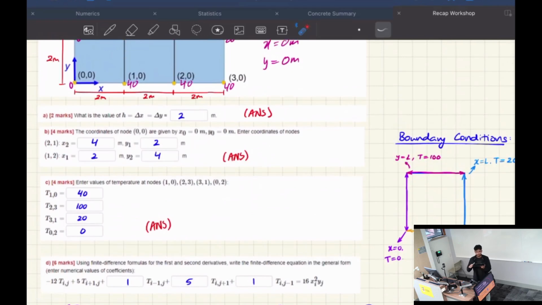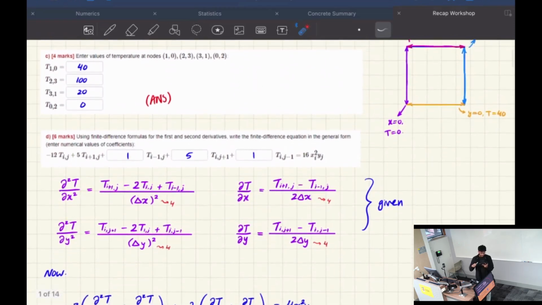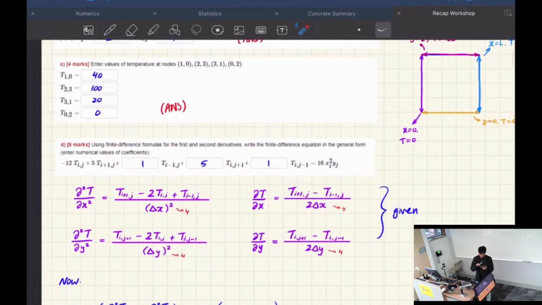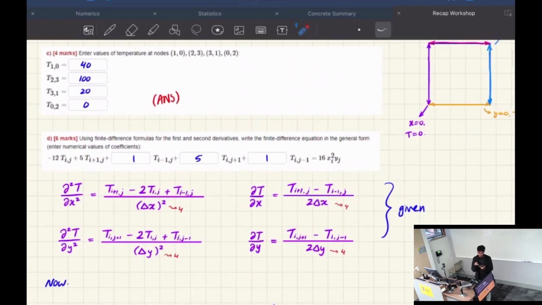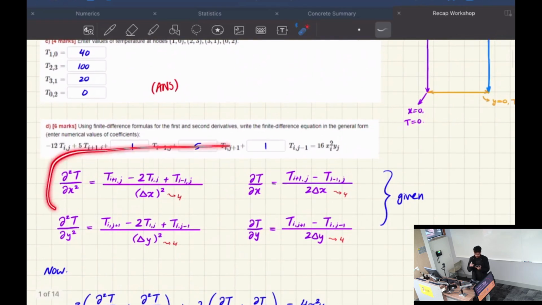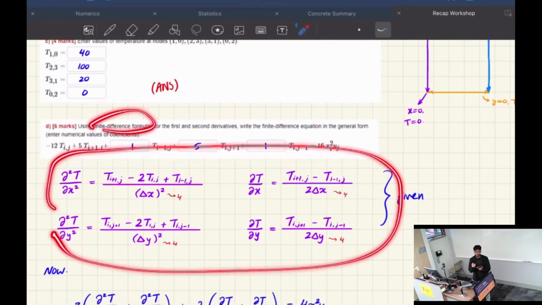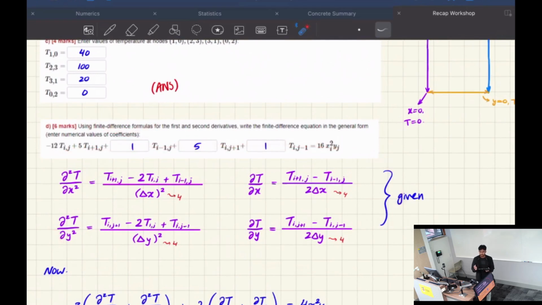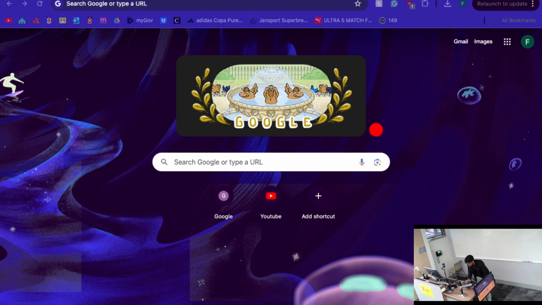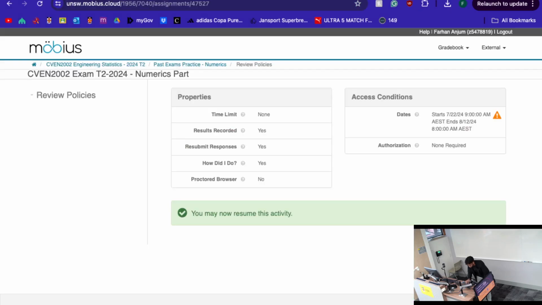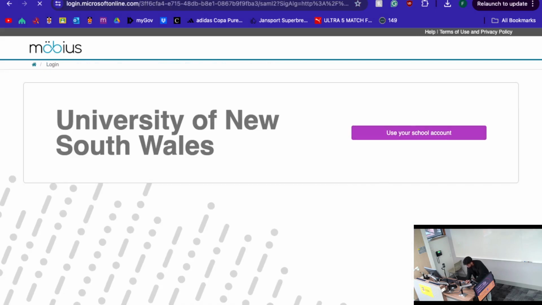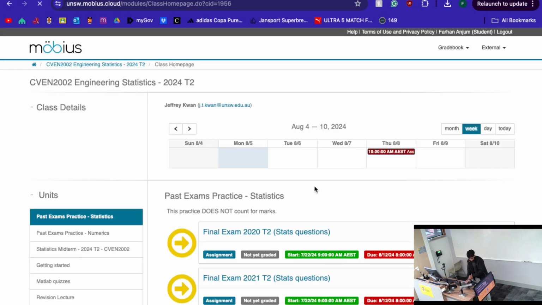Now we're getting to more of the actual partial differential stuff. At the moment, we're just taking a look at points, not too difficult. Using our finite difference formulas for the first and second derivative, write the finite difference equation in general form. So these equations are the finite difference formulas that they've given us. Let me go to Mobius real quick.